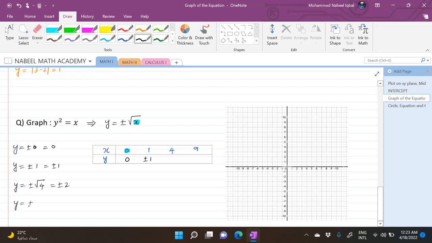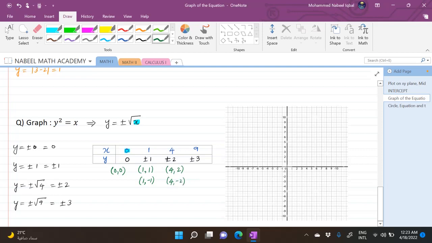And here plus or minus square root of 9, which is plus or minus 3. So here you will find two values. First one, (0, 0). Here we will have (1, 1) and then (1, -1). There are 2 points, because of plus and minus, for one value of x you will get two values of y. Now similarly (4, 2) then (4, -2).